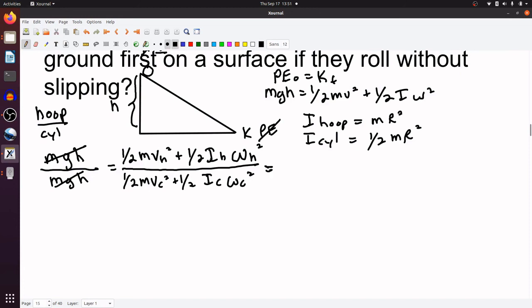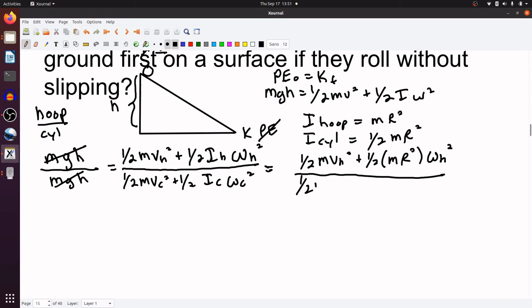That's going to give me 1/2 m v_H squared plus 1/2 of, this is my hoop, so mr squared omega_H squared, over 1/2 m v_C squared plus 1/2 of its rotational inertia, which is 1/2 again, mr squared omega_C squared.